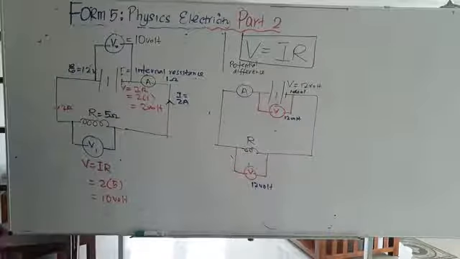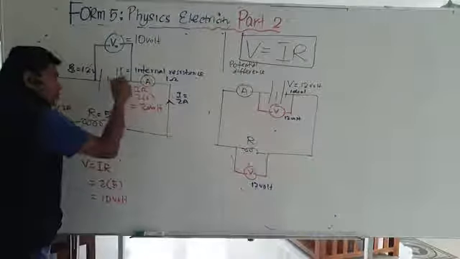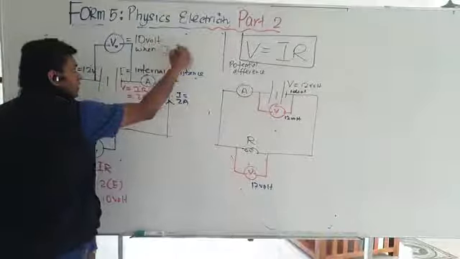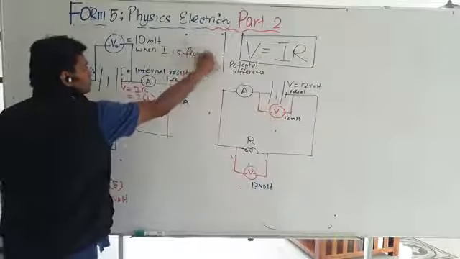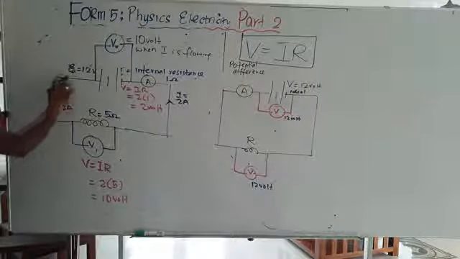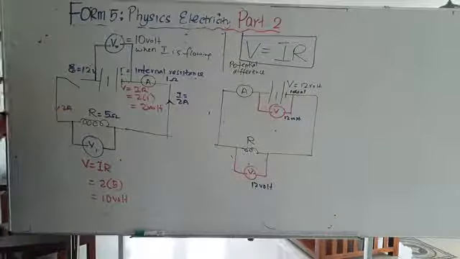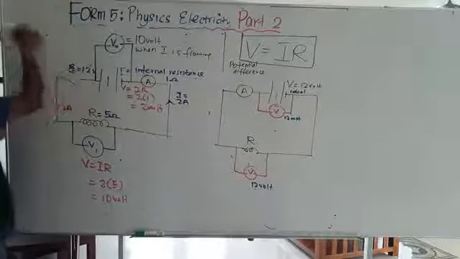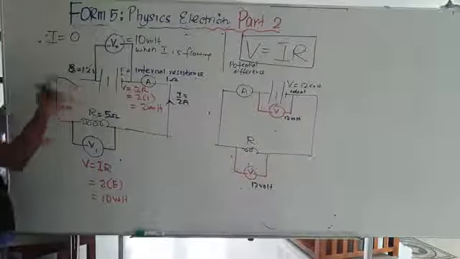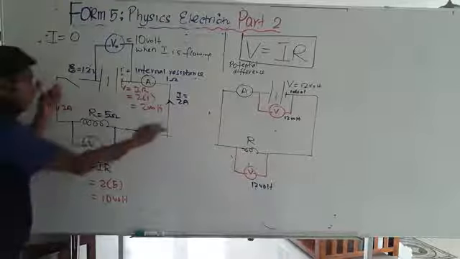Are you okay? So that means when the current is flowing... But let's say now I open up this switch, and so current is 0. That means when current becomes 0, because my switch is open, no more current is flowing.